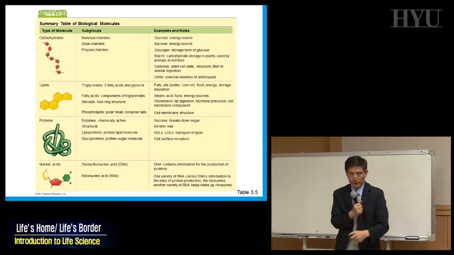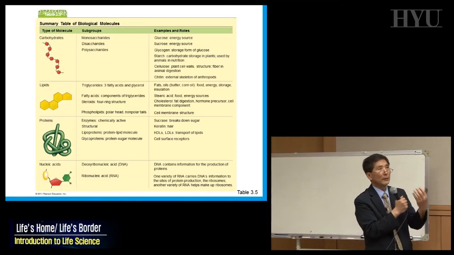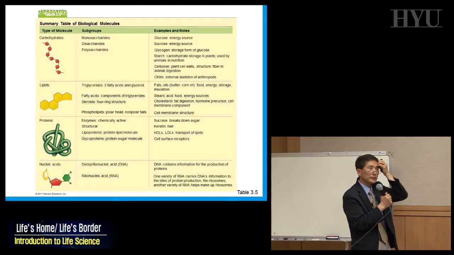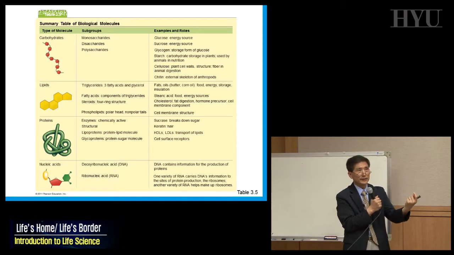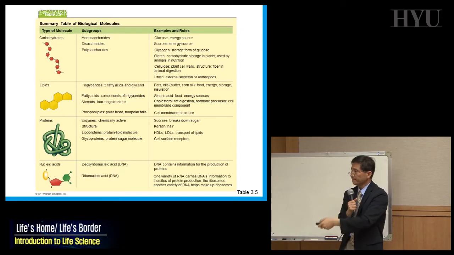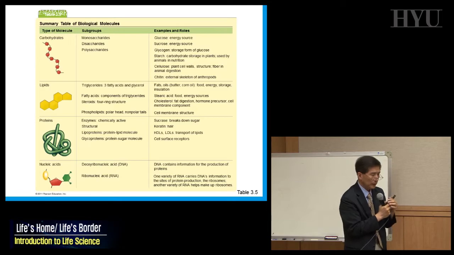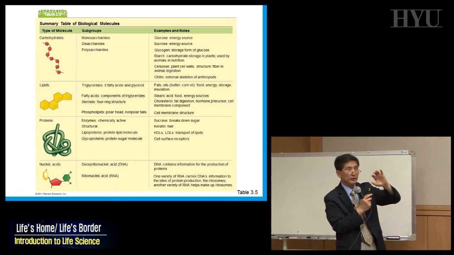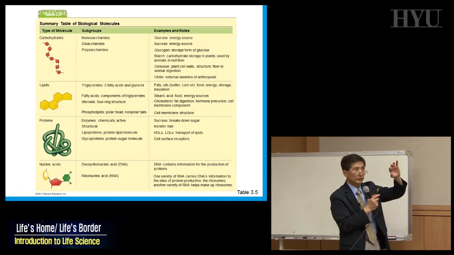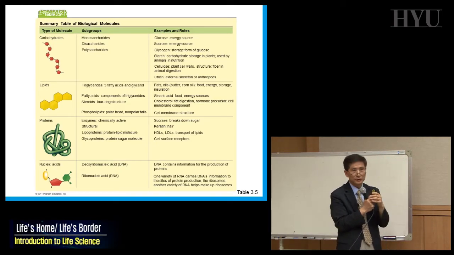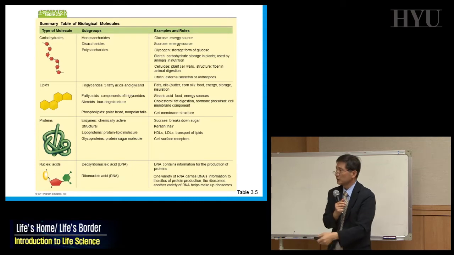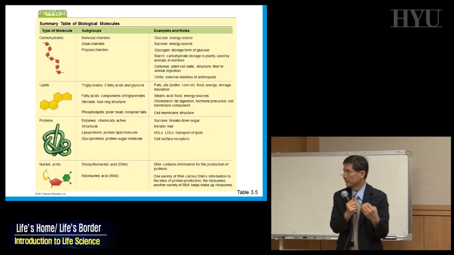And protein consists of amino acids. How many kinds of amino acids are there? There are 20 different amino acids, okay? In protein, the structure is important, right? There's primary structure, secondary structure, tertiary structure, and quaternary structure. The last one is nucleic acid, okay?